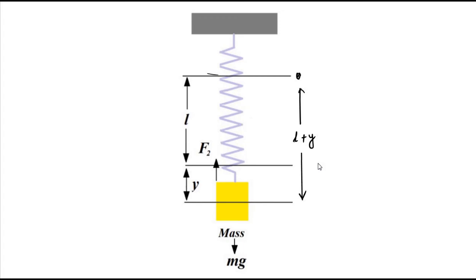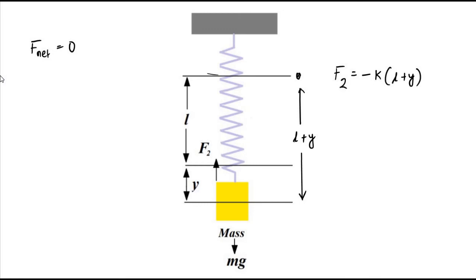In that case the restoring force is F2, again in the opposite direction, and again directly proportional to the total displacement, in this case L plus y, with a minus sign because of the opposite direction. Gravity, the weight, acts downward.